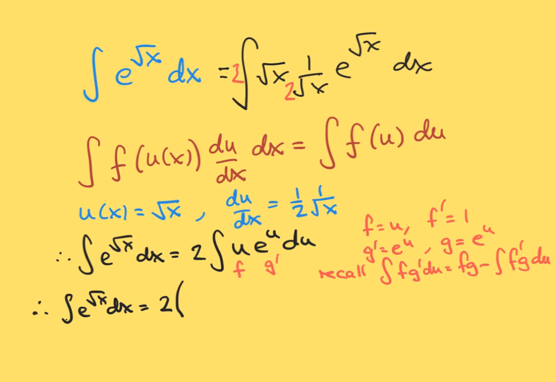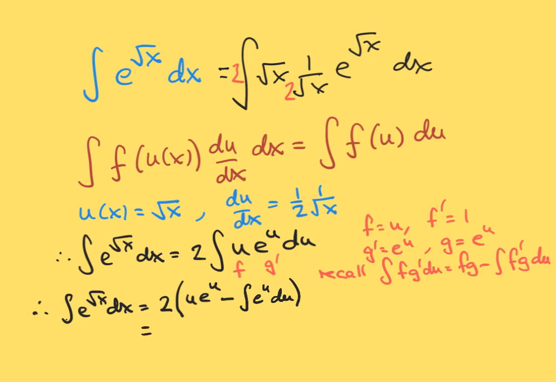So this is u, e to the u, minus, because there is a minus sign in the formula. And then it's the integral of f prime, which is 1, and I'm not going to write that, times g, which is e to the u, with respect to u, close brackets.